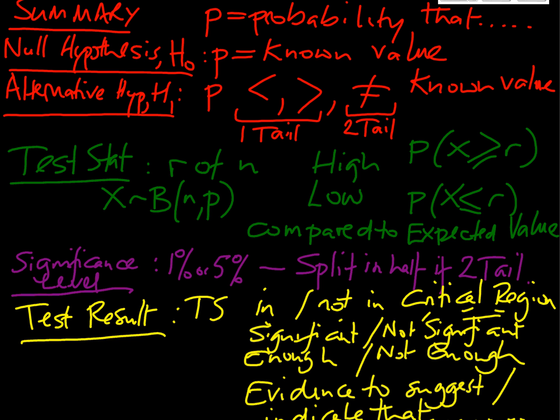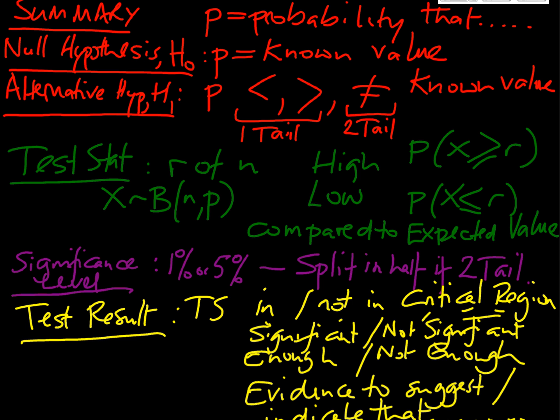We have to define our null hypothesis as P equals some known value. Then we have to choose our alternative hypothesis. It's either one-tail or two-tail. It's one-tail if it's greater than or less than, because we're only interested in one extreme, either high or low, or it's two-tail if we don't care whether it's high or low, it just has to be different.